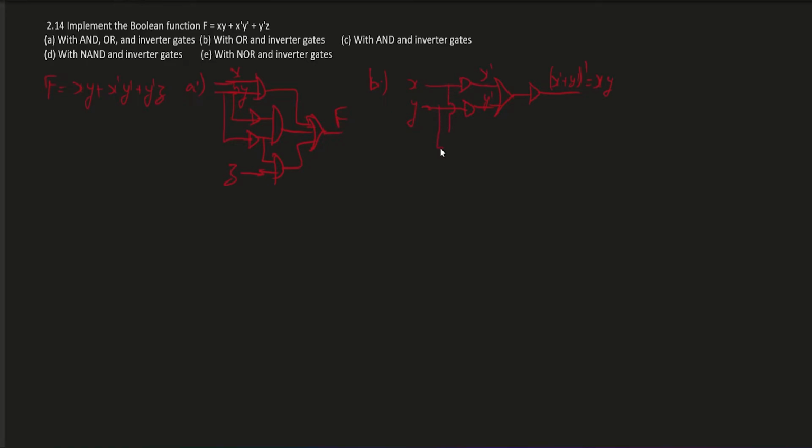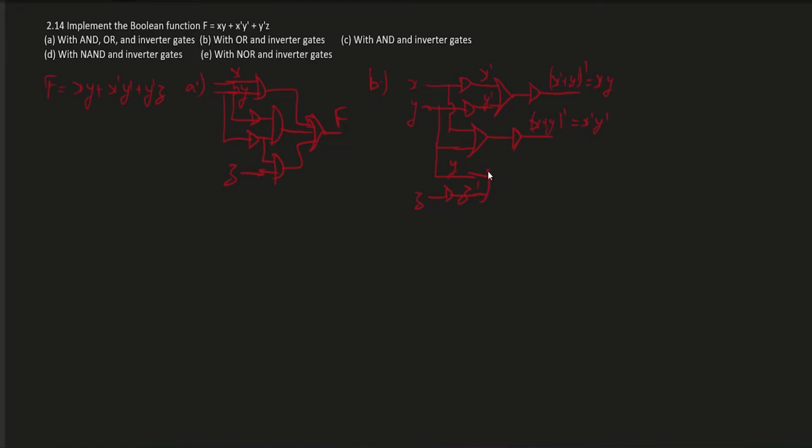Similarly, we will OR x plus y, then we will do inversion. Then this will be x plus y the whole bar, which is equal to x bar y bar. Finally, we will take y and invert z.